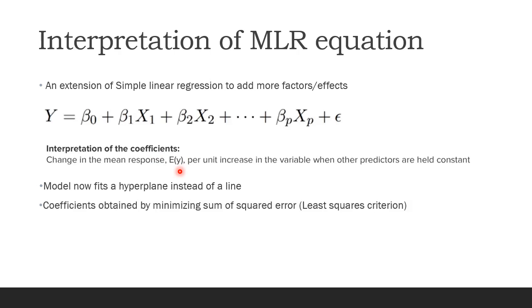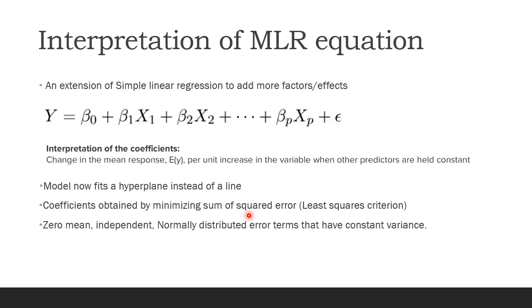And again, just like in the simple linear regression problem, the coefficients are obtained. The optimal values of these coefficients, or that optimal hyperplane, are obtained by minimizing the sum of squared error terms. Again, as in simple linear regression, we calculated the sum of squares of distances of observed values from the predicted values, and we minimized that so that the line could give us the best result. Now this will be done for the hyperplane.